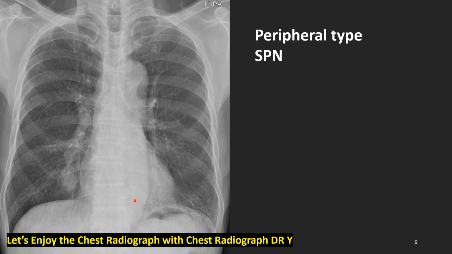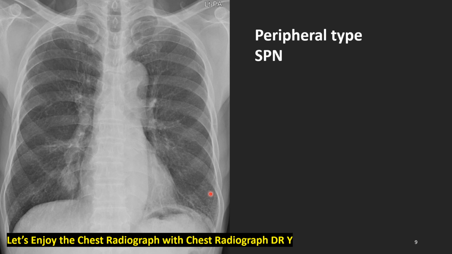What do we see in this second case? Yes, we see something wrong in the right lower lung zone, about 2 centimeters, a little larger than the previous case. Yes, SPN here. We do not know whether it's in the middle lobe or lower lobe, but at least it's not in the upper lobe. There is no silhouette sign applicable to this nodule. And we have something more at the basal lung. What do we see? Yes, lung fibrosis. This old man has lung fibrosis also.